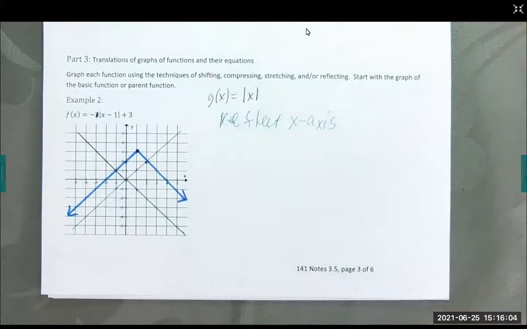Not too bad, but I like drawing in the extra ones like that, just so I can track where and how it's moving around.